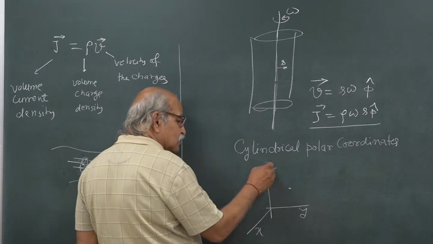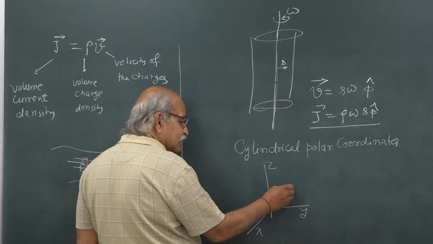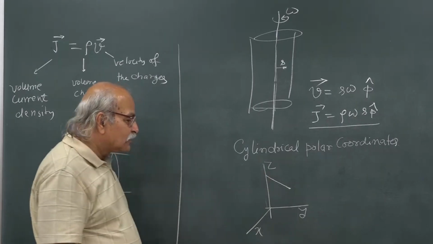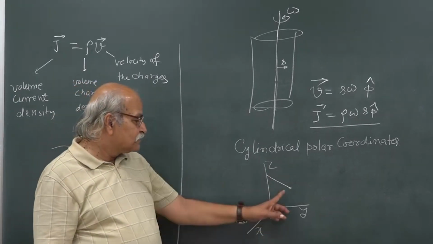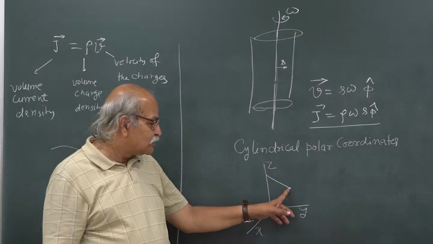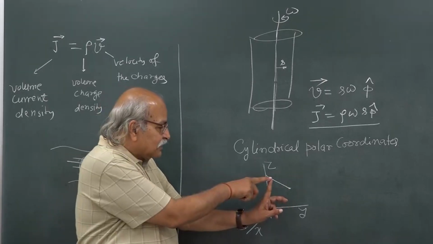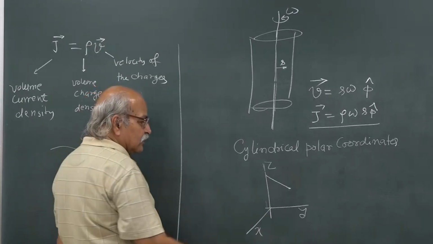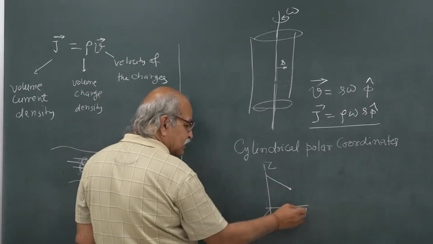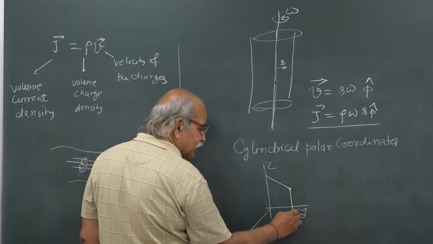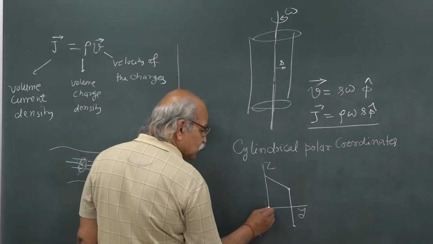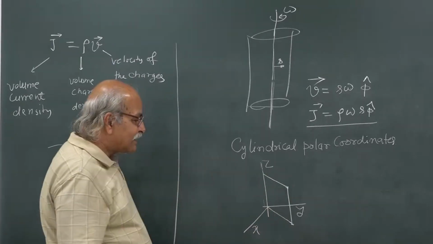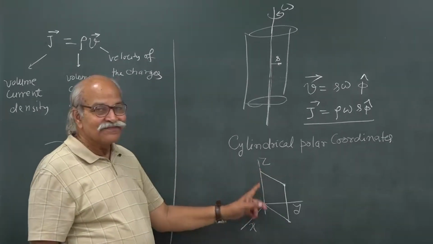From here you drop a perpendicular on this z axis. It does not look like a perpendicular because this point may be somewhere else, somewhere here, and from here I have to drop a perpendicular. And you drop a perpendicular on the xy plane, this horizontal plane also, and then if you join, you get a rectangle.